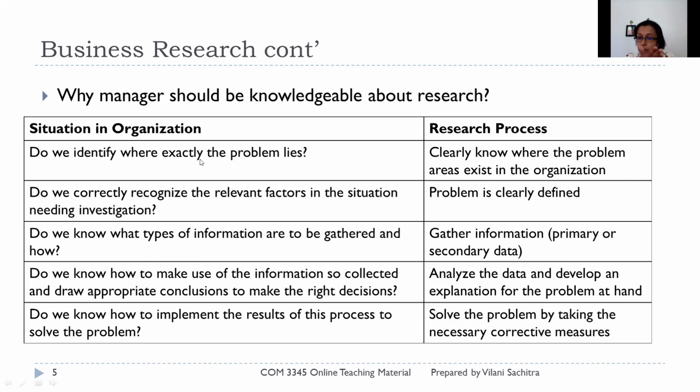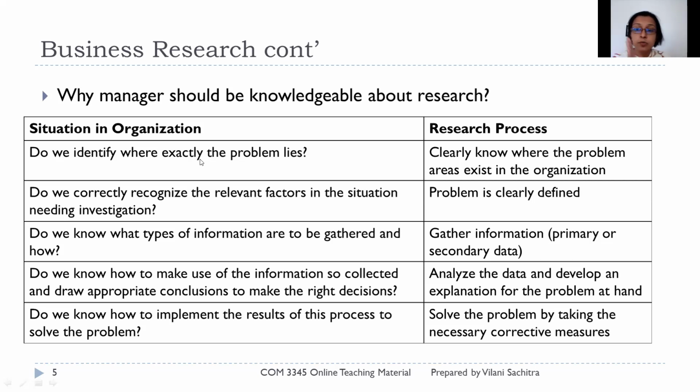Right? If they are having a cost issue, production cost increasing, that's why profit is decreasing, and without knowing those things they try to make another product line, a different product, a new product, then cost is going to increase more. Okay, so this kind of thing we need to identify first.